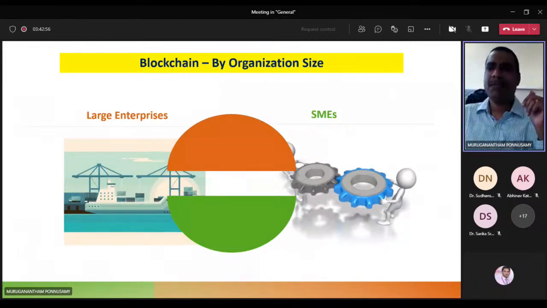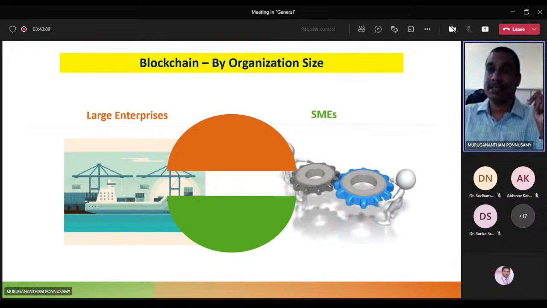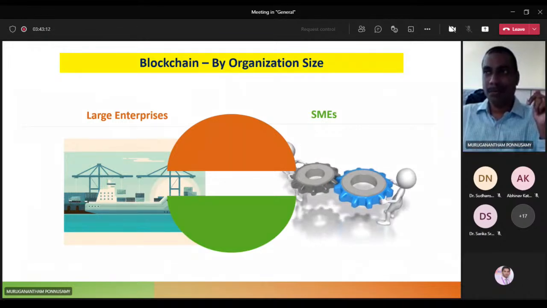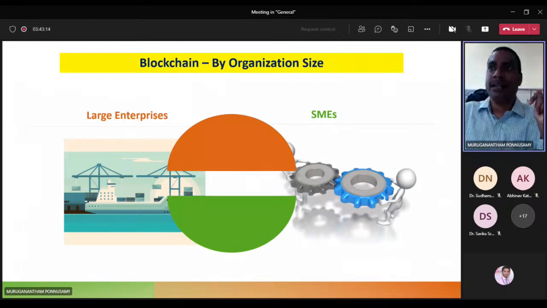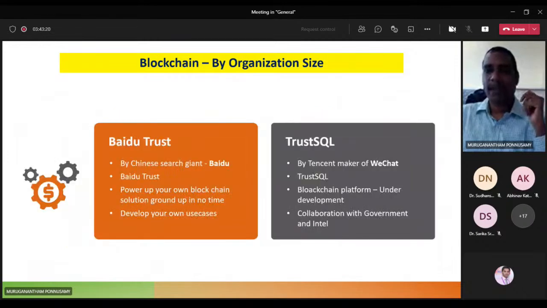Second thing, what type of organization size do I want to have for using this? It can be applicable to large enterprises or small and medium enterprises. Both types of organization segments can utilize this. At the topmost level, on the organization side, you might hear about Baidu Trust, again a Chinese search company, or you may think of Trust SQL, right?